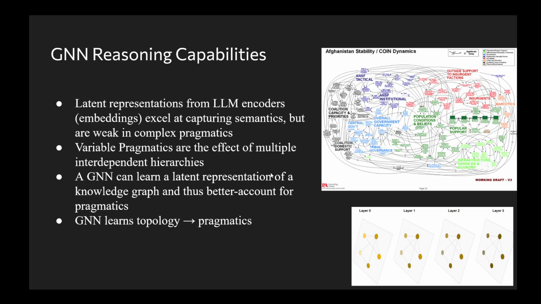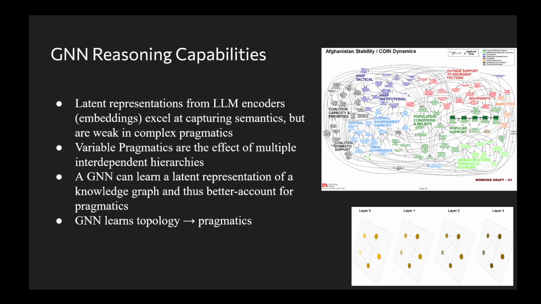Now, let's compare all this to graph neural networks. Graph neural networks, they're amazing. There's so much I can say about this, but essentially these latent representations from the LLM encoders, i.e. embeddings, excel at capturing semantics, but they're weak in representing and capturing the complex pragmatics, as I've already demonstrated.